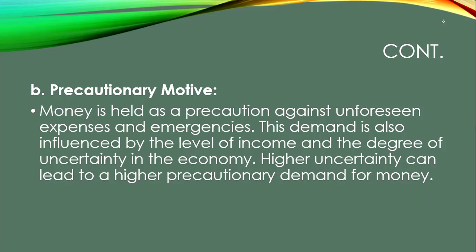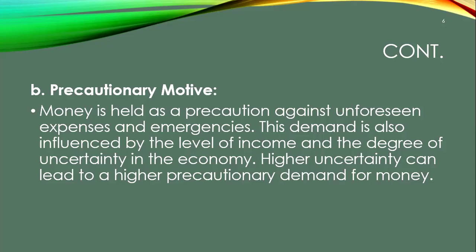You keep money aside such that in the occurrence of that, for example, a family where there is a mother, father, and children. At any time, a child may fall sick, or a mother or a father. But where is the money going to come from?